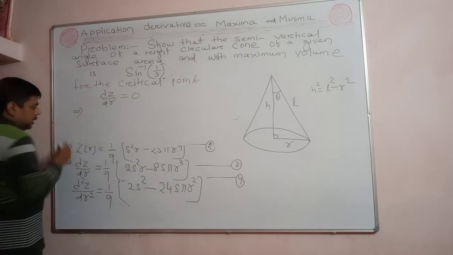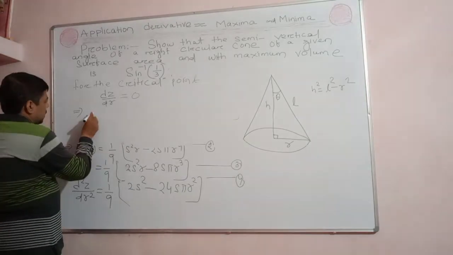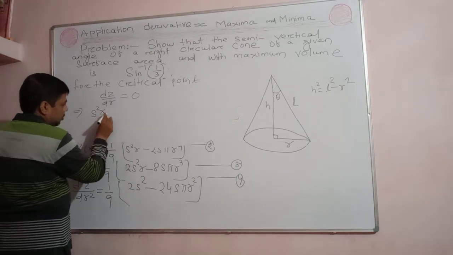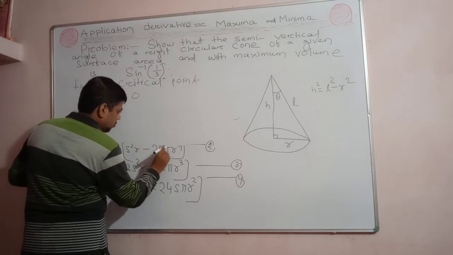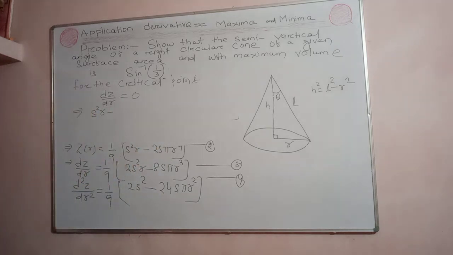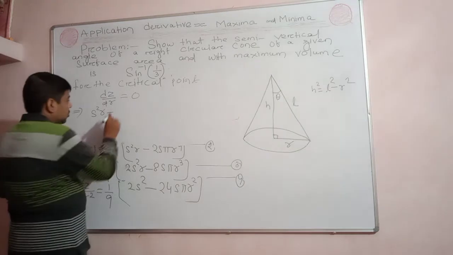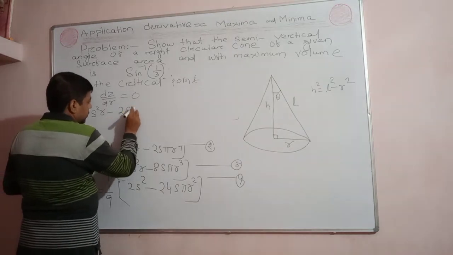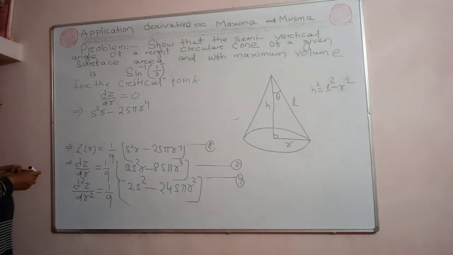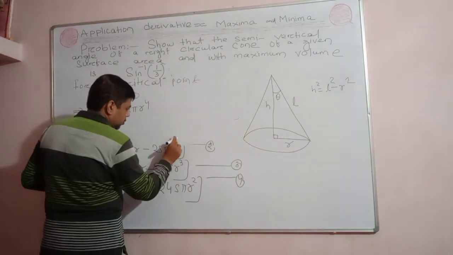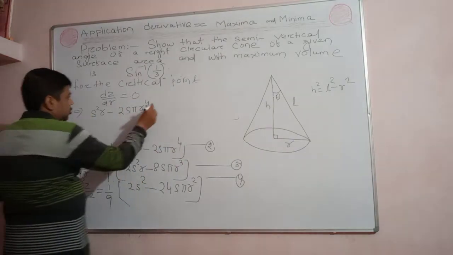So that implies s square r minus 2s pi r to the power 4 is equal to 0.